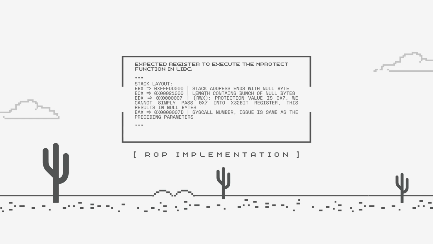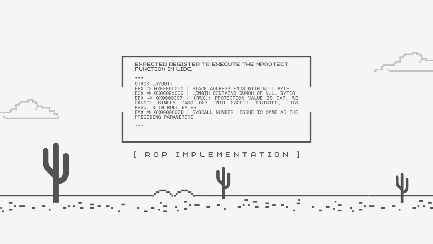Here's an important challenge. Notice all these values contain null bytes? On Linux x86, parameters are passed in registers, and if we're dealing with strcpy or a similar vulnerability that stops at null bytes, we can't directly pass values like 0x00000007.